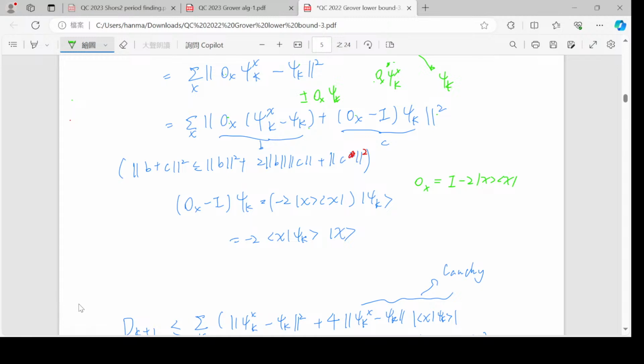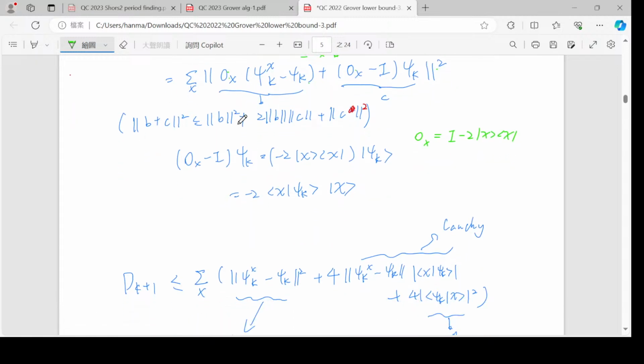So if you fix every x, then O_x is a fixed unitary.